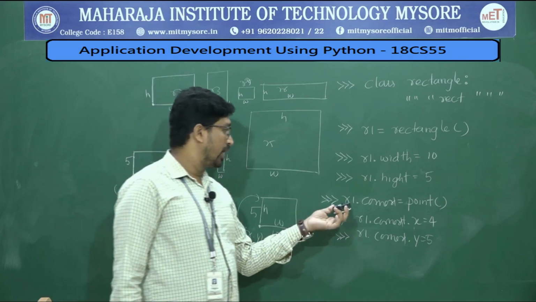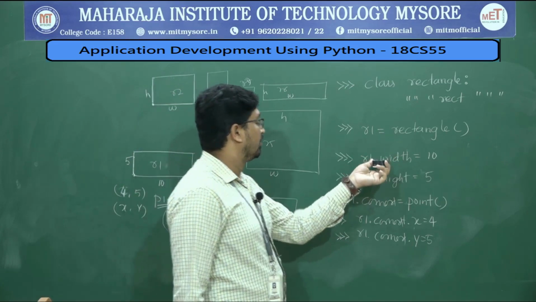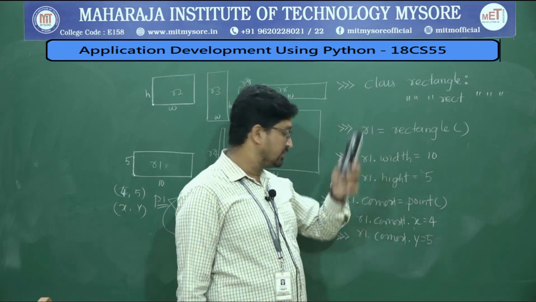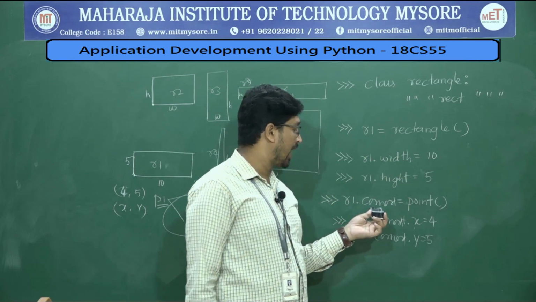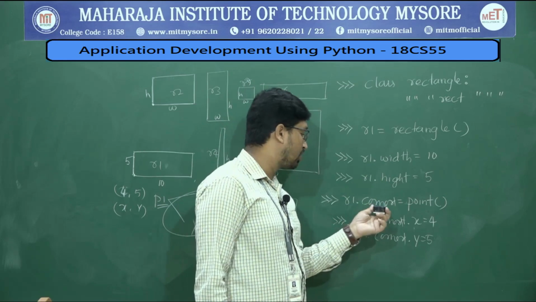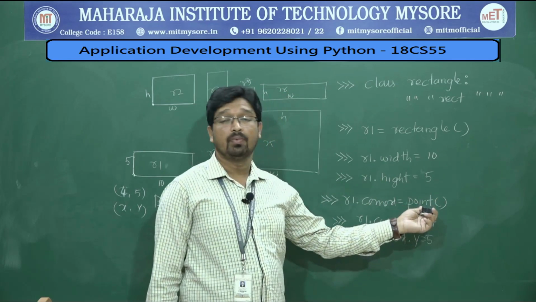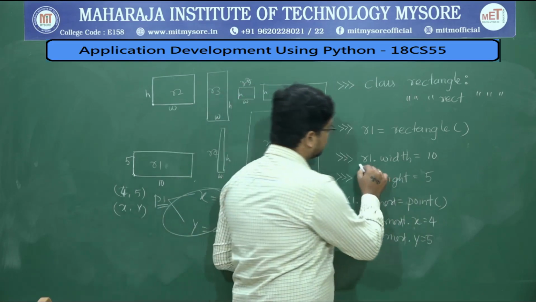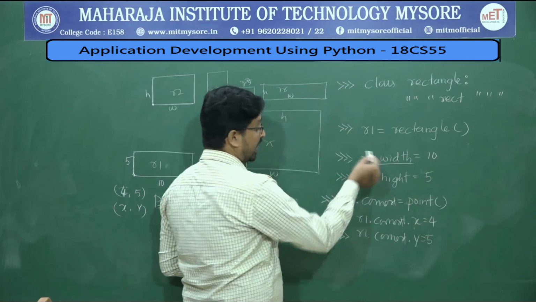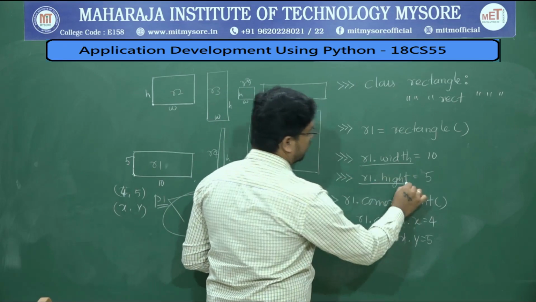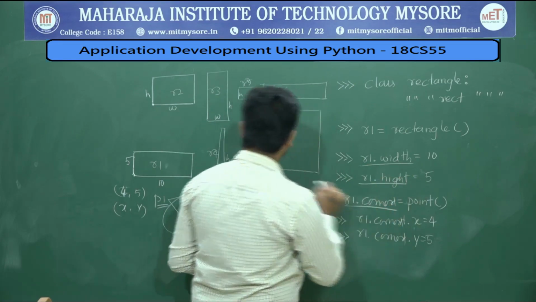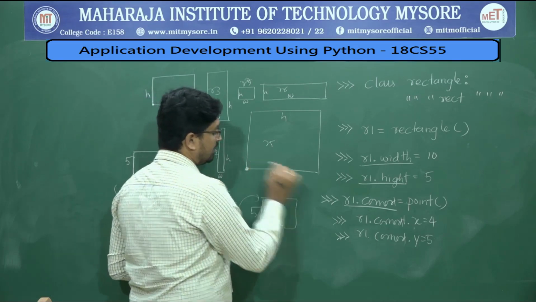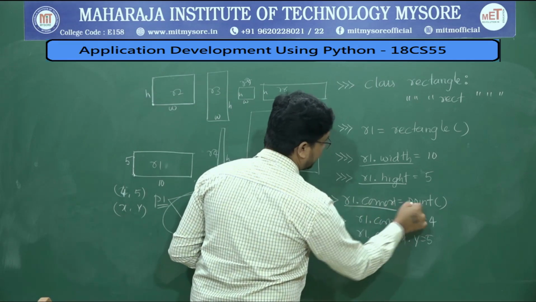Understood? So I am creating attributes of rectangle called width and height, as well as one more attribute of rectangle called corner, which is of type what? Point. Here I have created the attributes R1 dot width, R1 dot height. In the same way, I am creating the corner attribute of rectangle as R1 dot corner.